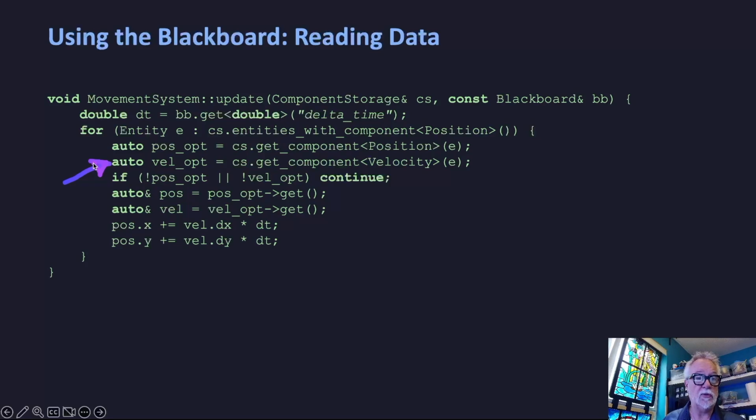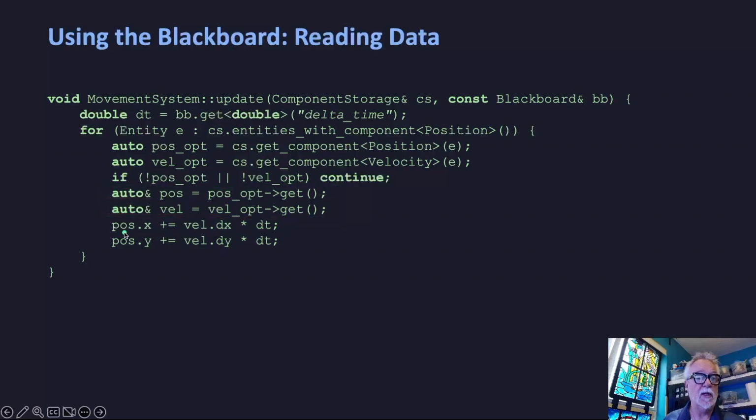That's also cool. So if you don't have position or you don't have velocity, then you're going to continue. At this point, this is always going to be true. This may be false.